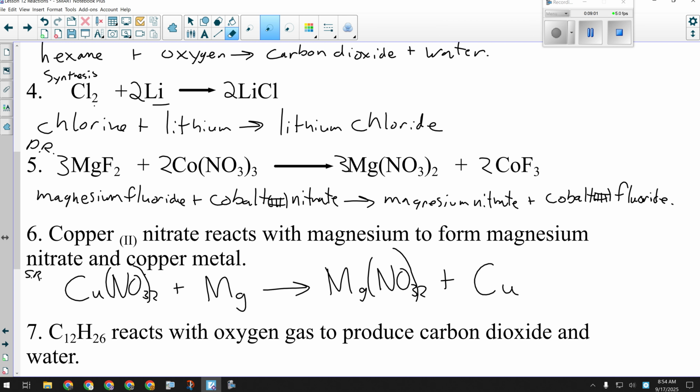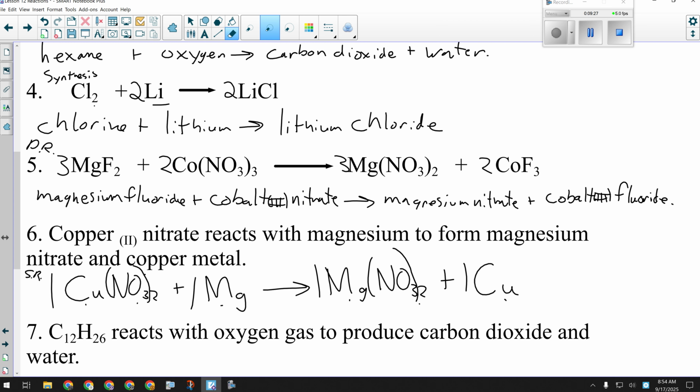Okay? All right, so now we got to balance. I think we're good. What do you think? Okay, there's 1 copper, 2 nitrates, 2 nitrates, 1 magnesium, 1 magnesium. Looks good to me. Okay, everything should be a 1 on that.